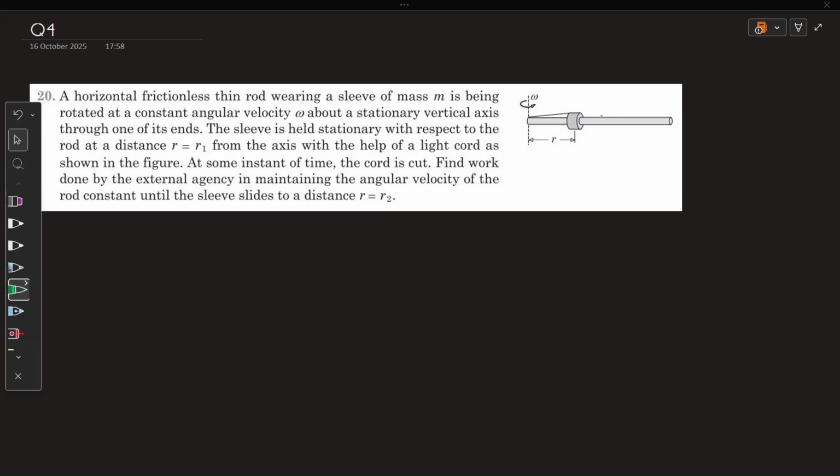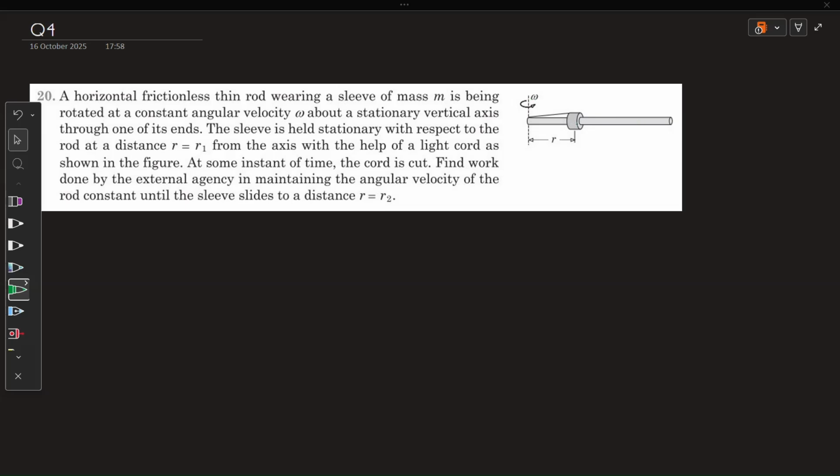Now we have a cord tied to the center, so it remains at rest; the centrifugal force is compensated by the tension in the cord. Now we just cut this cord, so it will automatically move some distance along the length of the rod. That distance is r2 minus r1. Now we have to analyze this, and there must be an external agency which maintains the angular velocity omega.